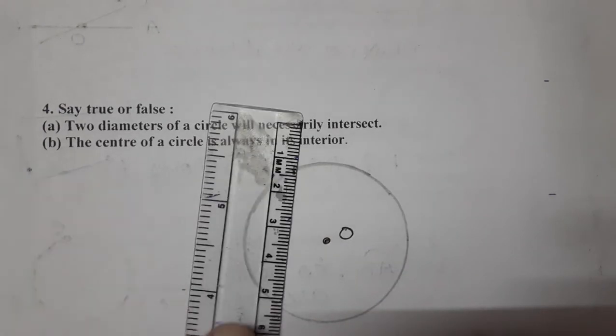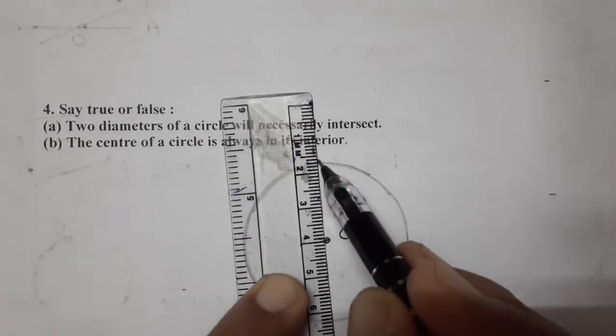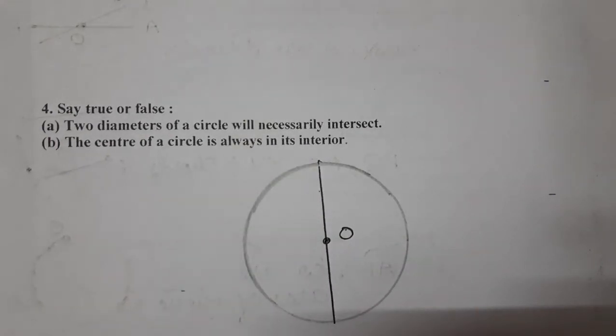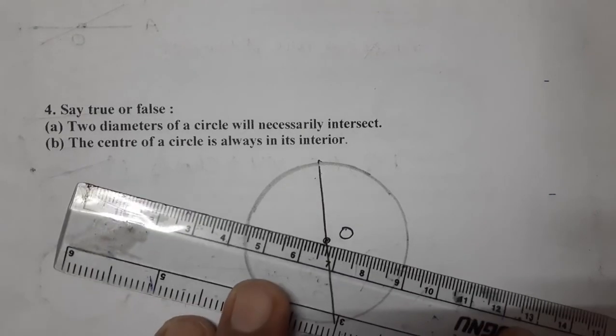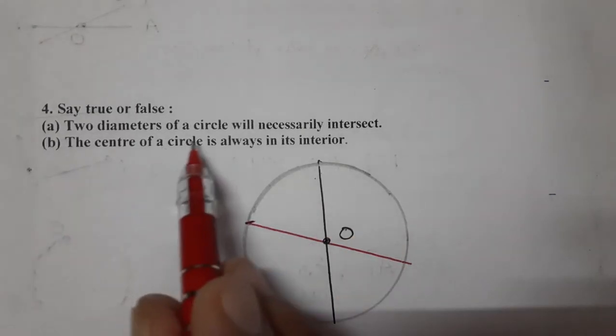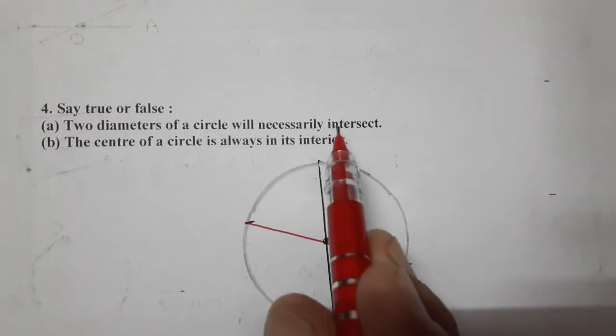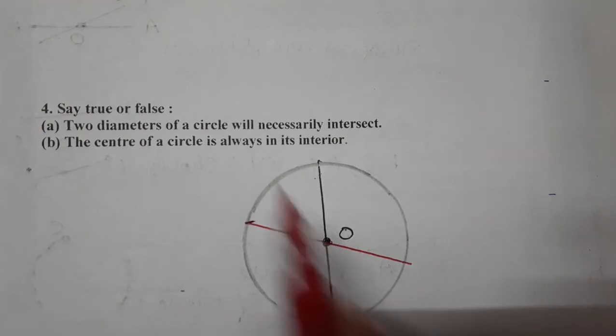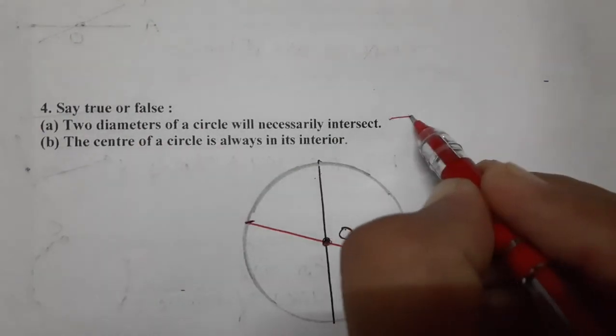Now let's make two diameters. This is one diameter. Now let's make another one. So two diameters will necessarily intersect? Yes, they are intersecting here at the center O. Always they intersect at O. So what is the answer? True.